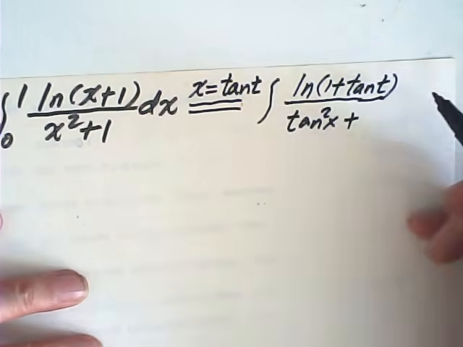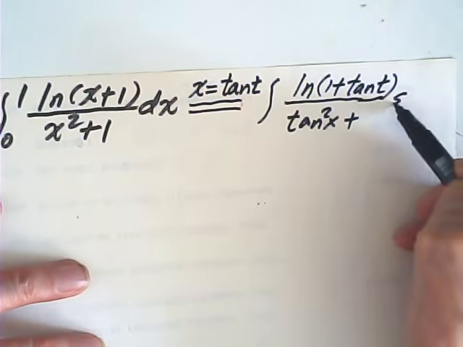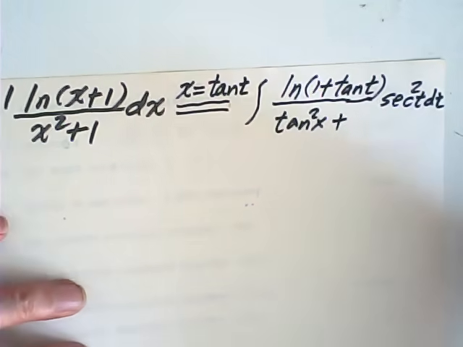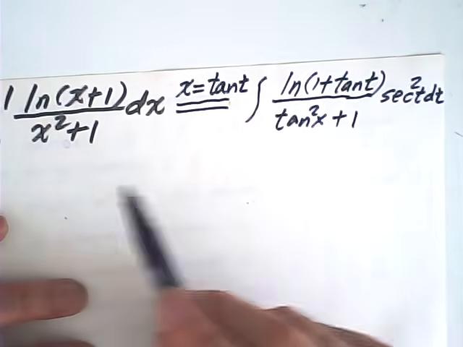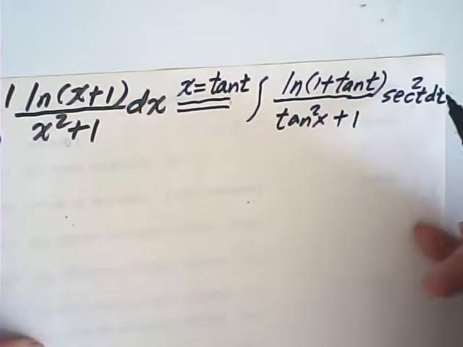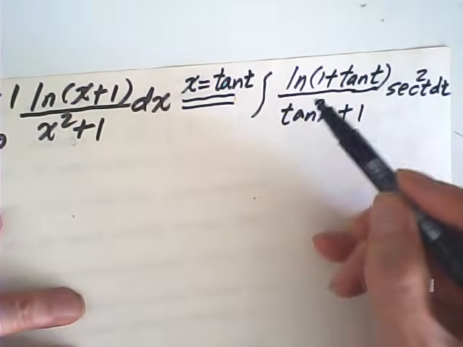The differential dx will be secant square t dt. Tangent square plus 1 is secant square, so it can be cancelled out.